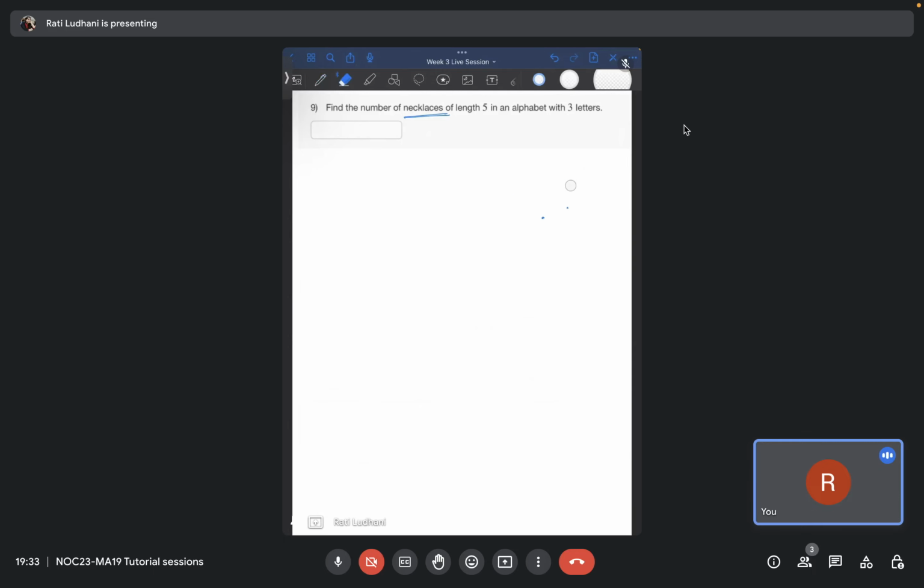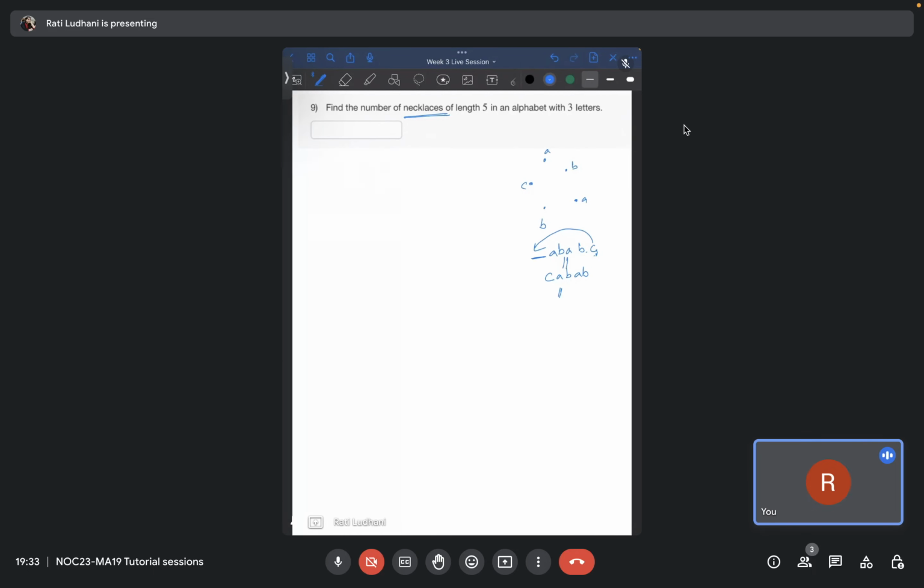So for example, you have 5 letters, 1, 2, 3, 4, 5. If you have A, B, C, then this is same as C, A, B. You take C to be in front, then you will have C, A, B. You just need to move. So these are the same words.